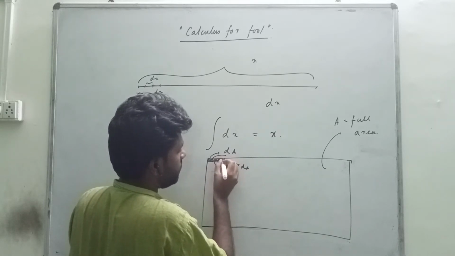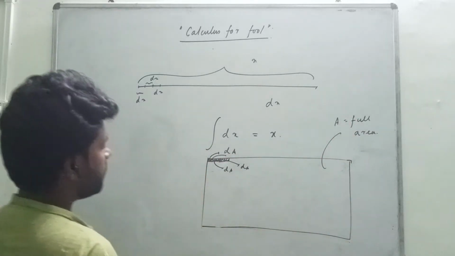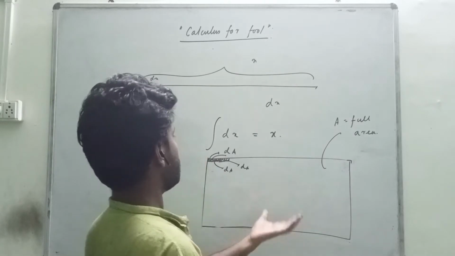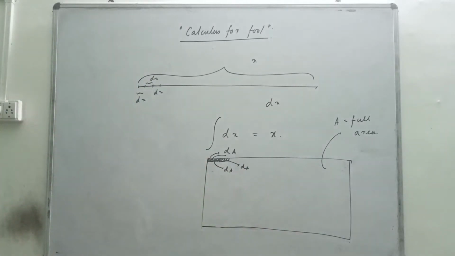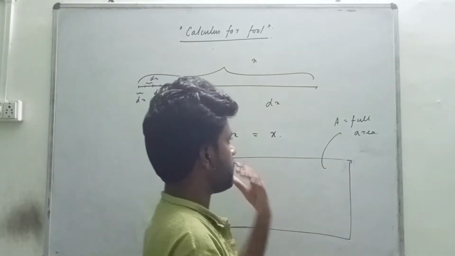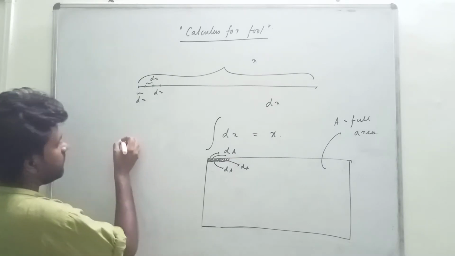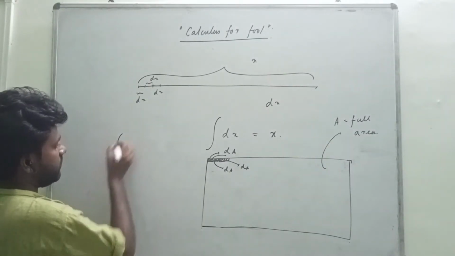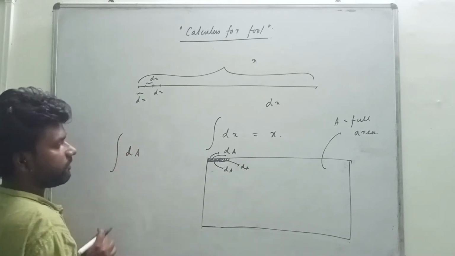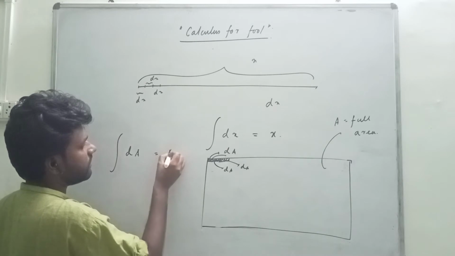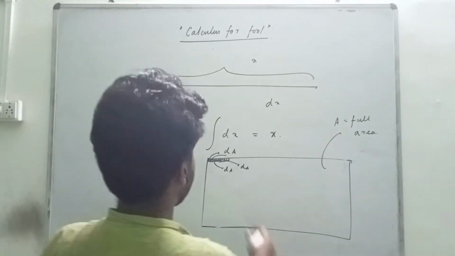So in that large area there are infinitely many small pieces of area. I mean, a large area contains infinitely many small areas. And if you introduce the symbols dA and the sum of little bits of area, you will get the full area of this rectangle.